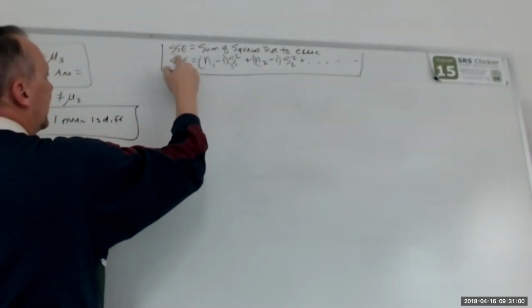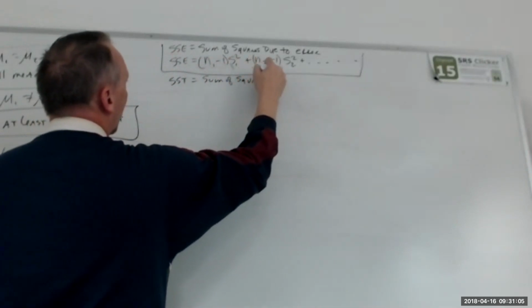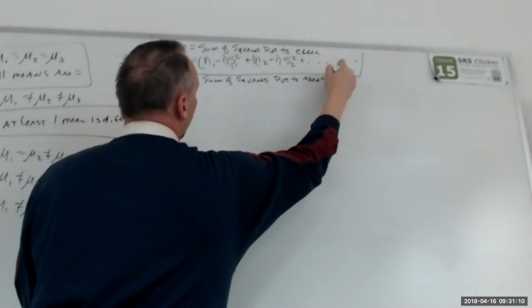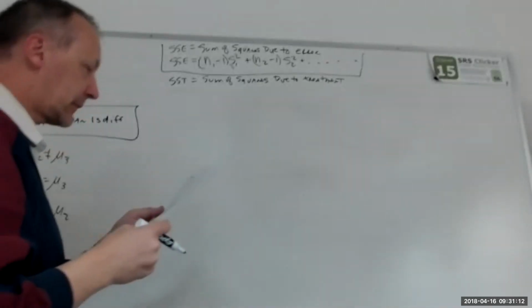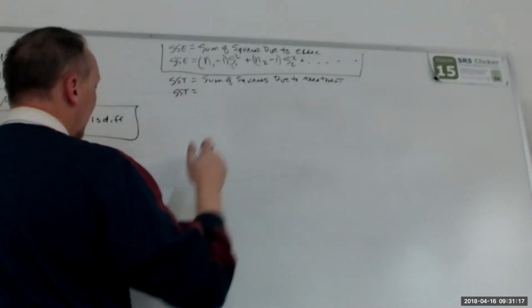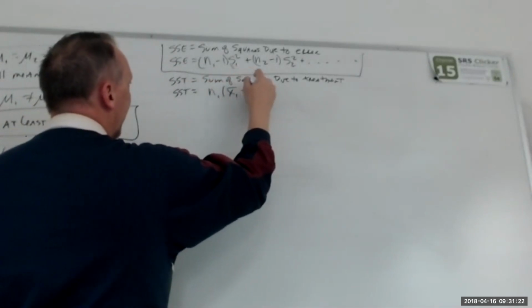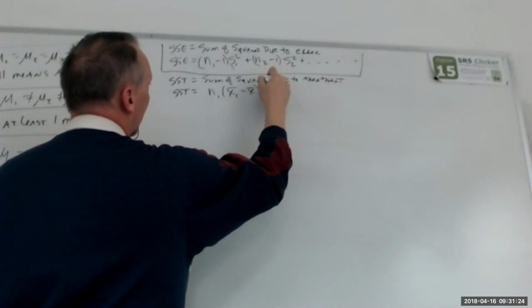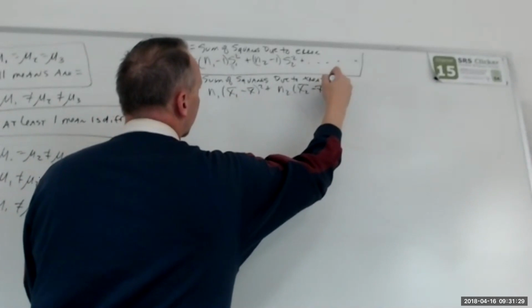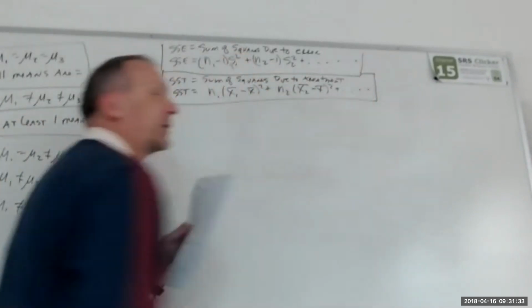The SST equals the sum of squares due to treatment. So the SST equals n1 times x1 bar minus x bar squared plus n2 times x2 bar minus x bar squared plus etc., as many samples as you have.